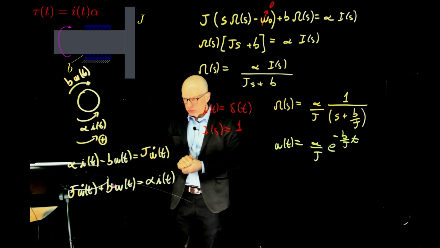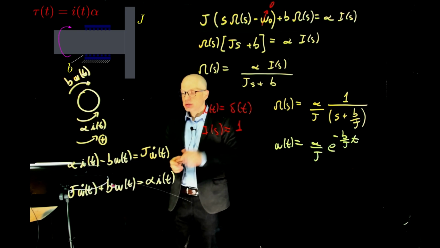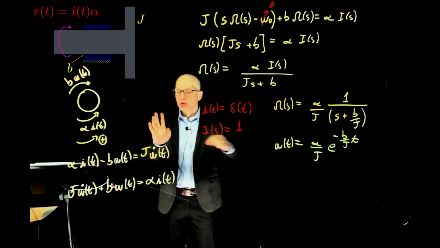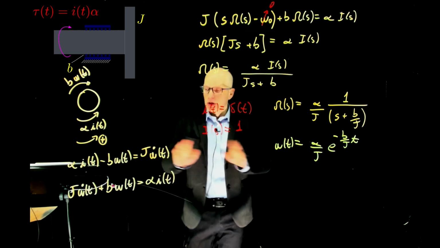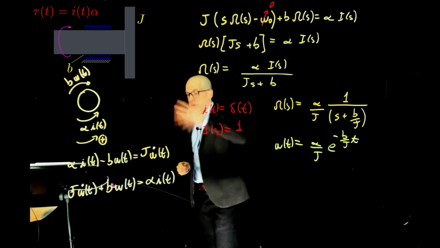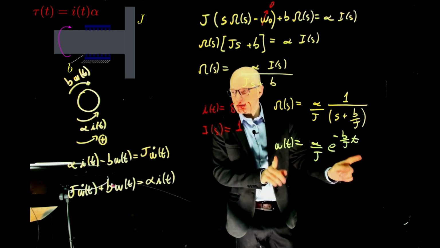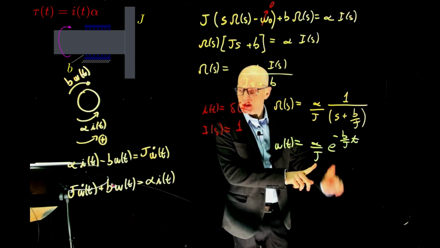Remember from lecture 2, when we lit up a match and the amount of smoke would decrease over time, that would be its impulse response. The same here: we're slapping this mass, letting it rotate and then eventually decay to 0. It starts at a given value and then slowly decays to 0.